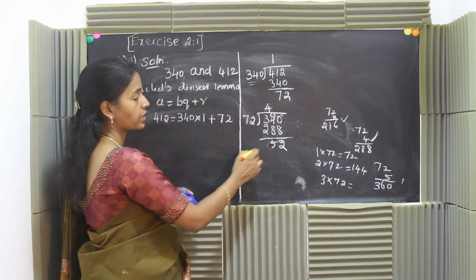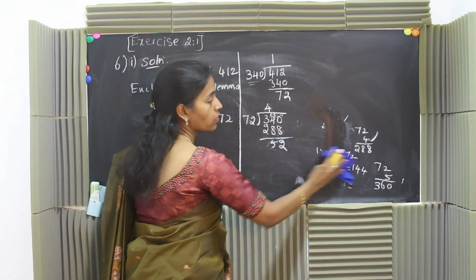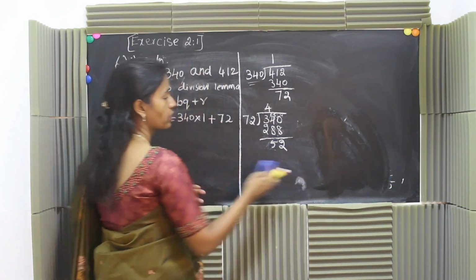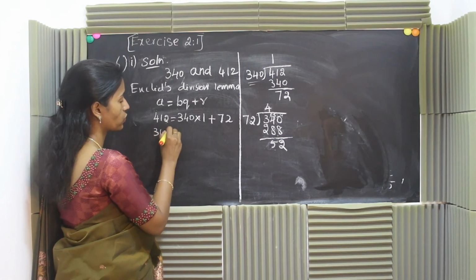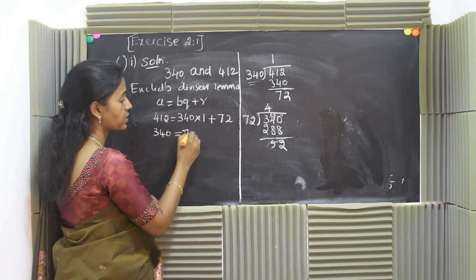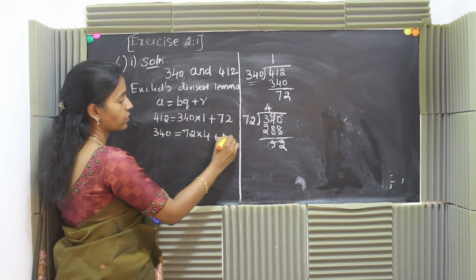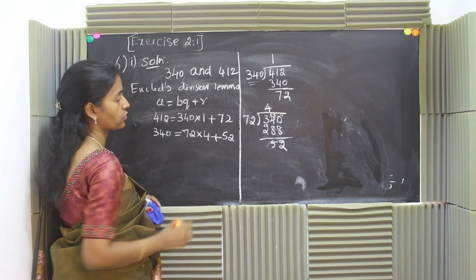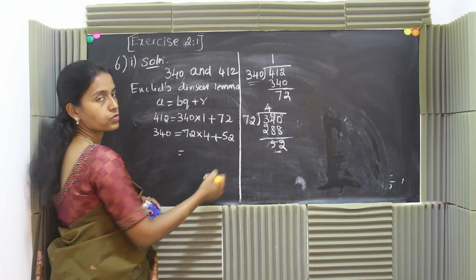Here we are getting the remainder 52. So we should apply all the values in this formula. What is dividend? 340. Divisor 72. Quotient 4. Remainder 52. Right? Here the remainder is 52.